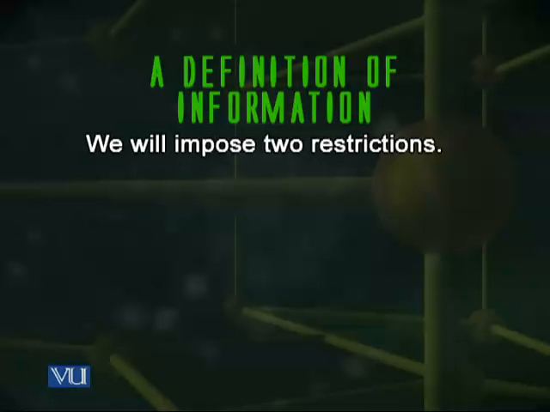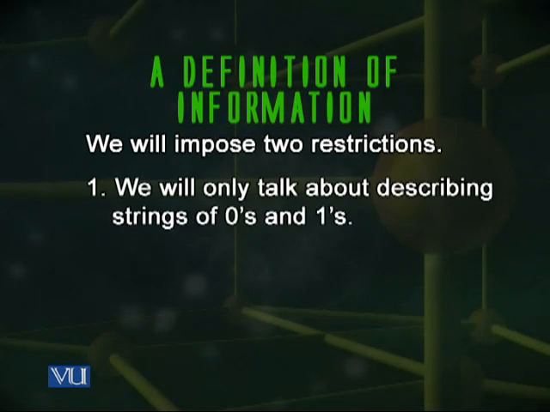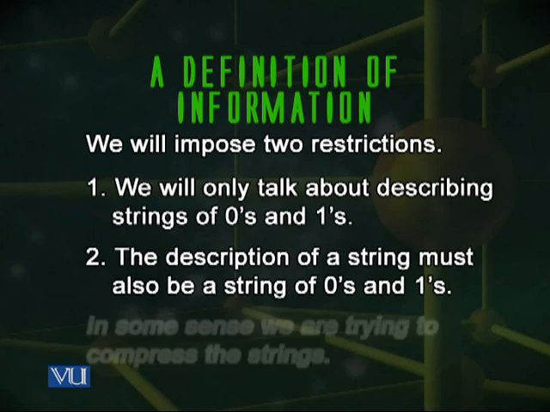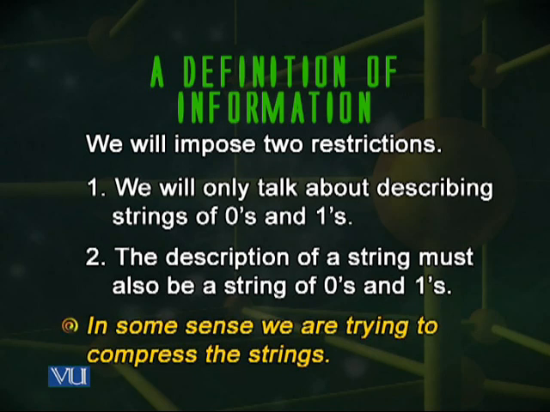What we want to do now, we want to impose two restrictions. First of all, we will always be talking about describing strings of zeros and ones. The second thing is that each description must also be a string of zeros and ones. So in some sense, we are trying to compress strings. As computer scientists, you know that any other alphabet can be converted into zeros and ones.